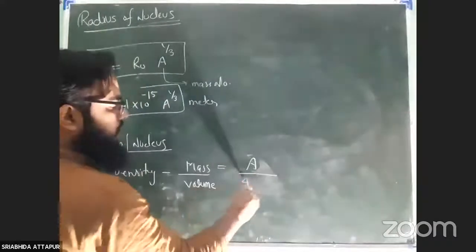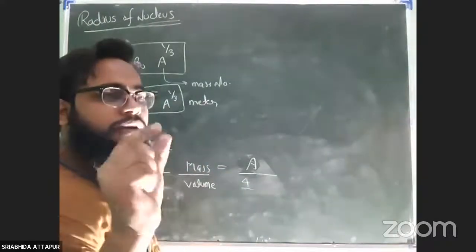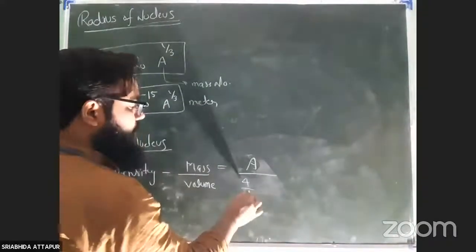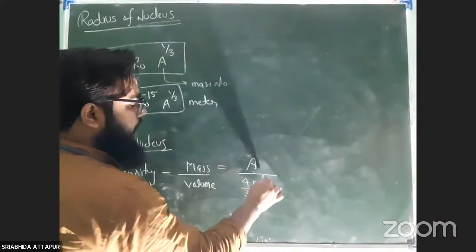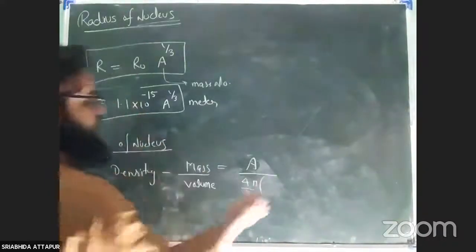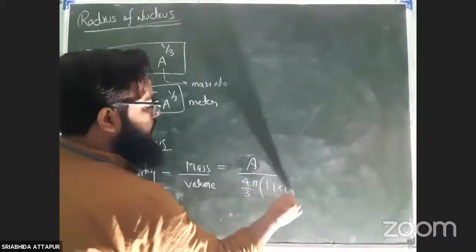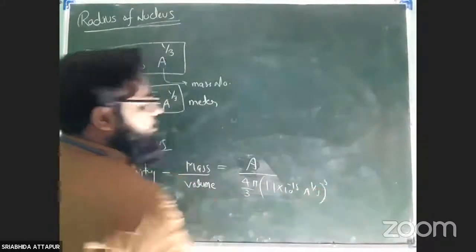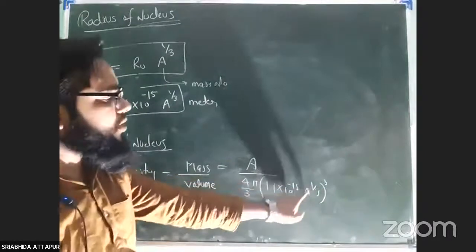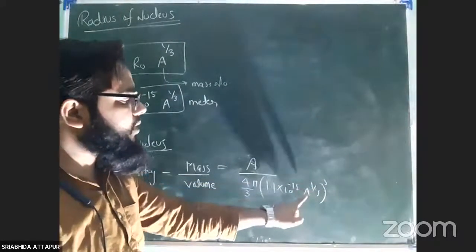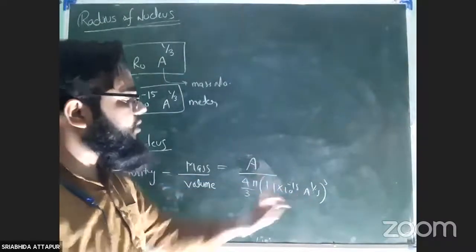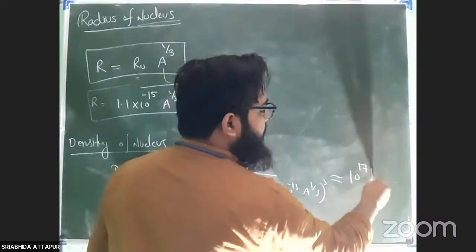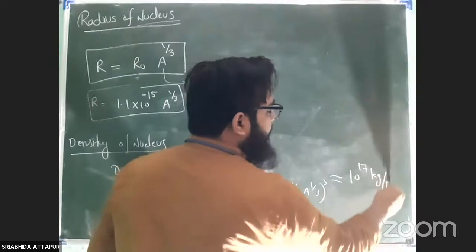Volume is how much? If we assume the nucleus is spherical, then 4 by 3 pi r cube. R cube means 1.1 into 10 power minus 15 A power 1 by 3, whole cube. If you take the whole cube, A power 1 by 3 to the power 3 will cancel and A will also get cancelled. So approximately you will get 10 power 17 kilogram per meter cube.